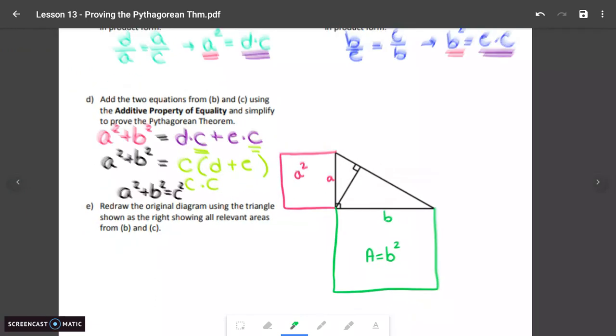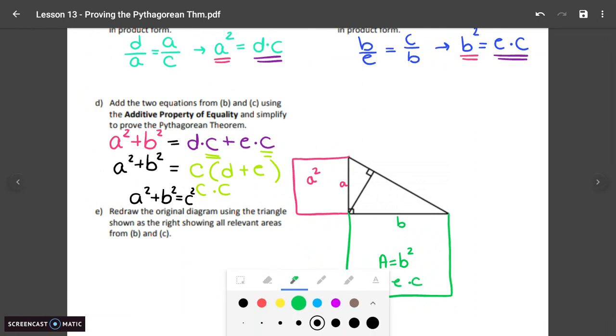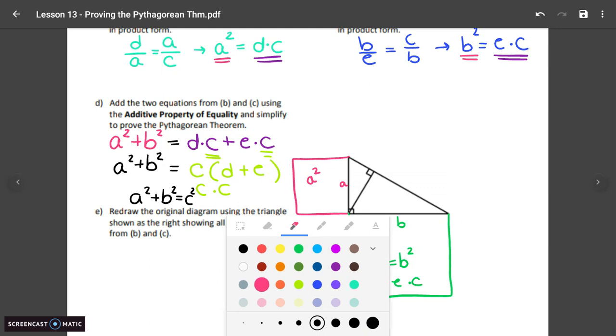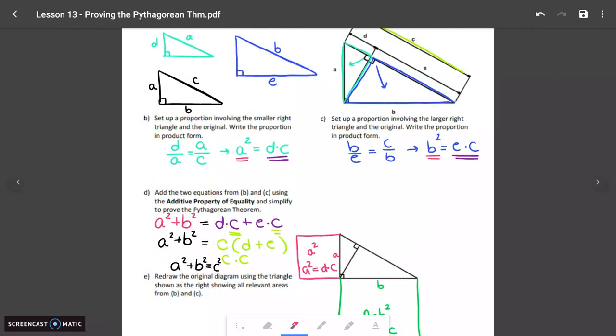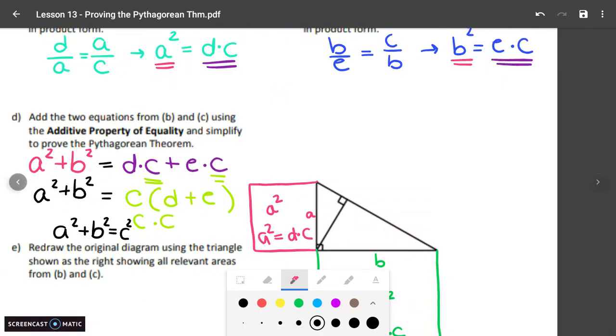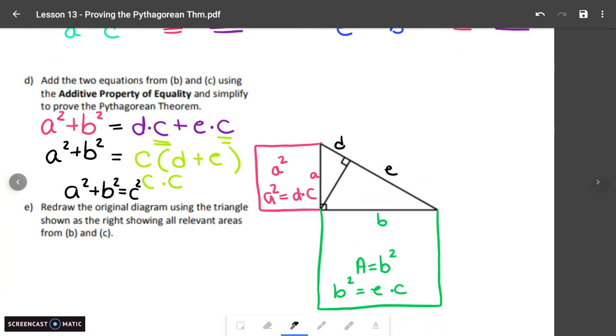But those pieces were equal to other things. Like b squared, if we looked up here when we set up that proportion, b squared was equal to e times c, just like a squared was also equal to d times c. So let's look at how that's formed. So we have d and e at these two locations, d and e.